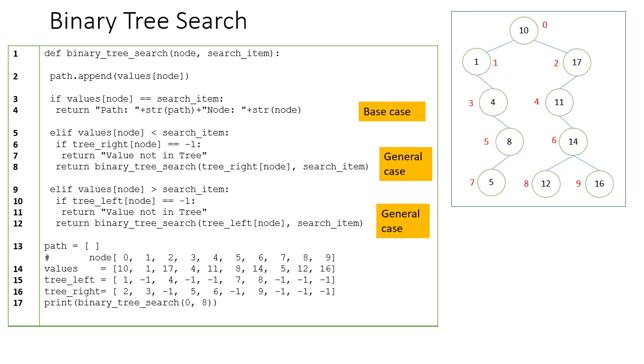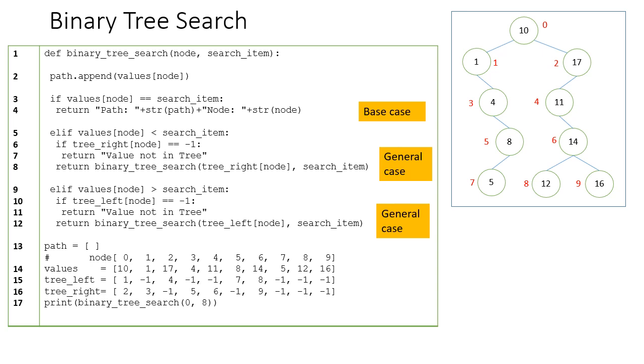We then have the tree left, which is a reference to the node position that goes to the left. And then the right is the same, except now it's going to the right. So it's referencing the node to the right. -1 indicates that there is no node.